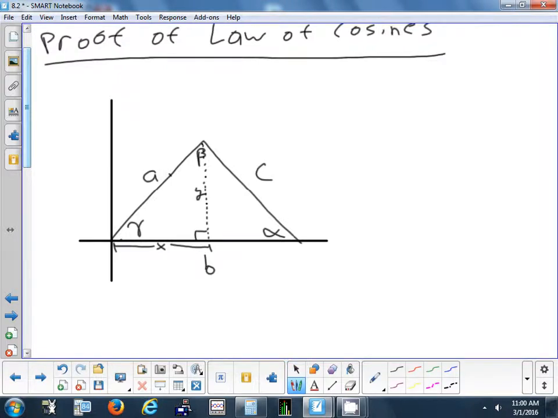Okay, so what I'm going to try to do is use the Pythagorean Theorem on this triangle. Okay, I've labeled all the sides and all the angles. I don't think I'm going to end up using all the angles in this problem, but I'm definitely going to use all the sides.